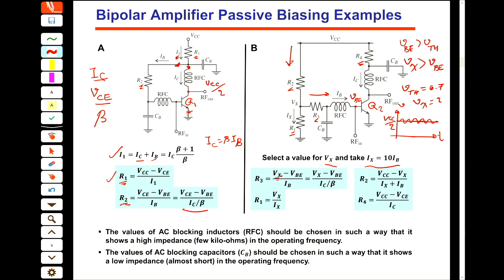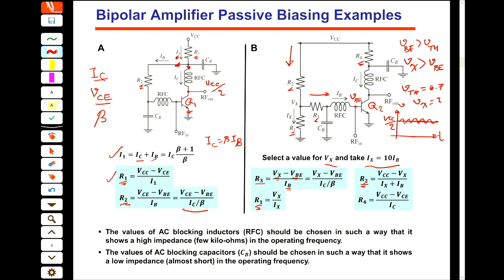You know the Vx, you know the VBE, we know the IB. Why do we know the IB? Because we know IC and beta. You can easily find the RC. And R1 also, based on the Vx and Ix, we can find.